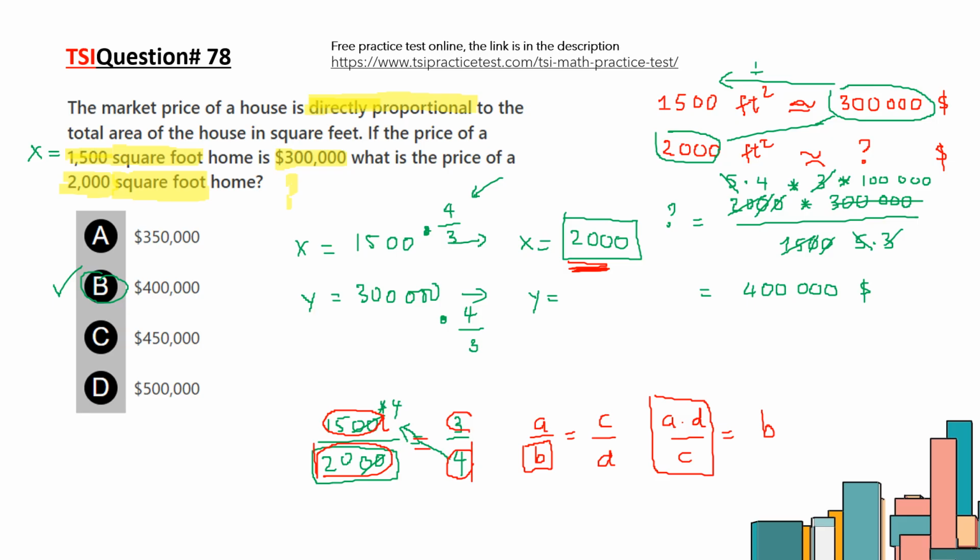It's going to be the same because the 3 here will cancel with the 3 there. It's like 100,000 times 4, still $400,000.